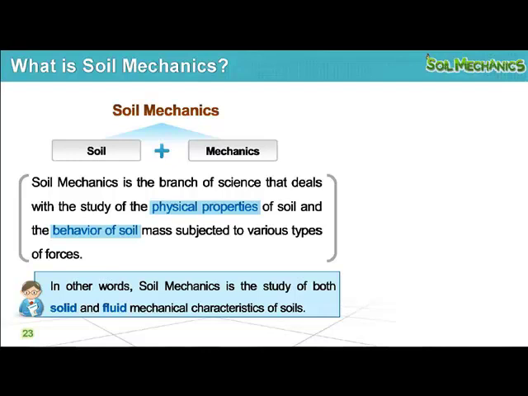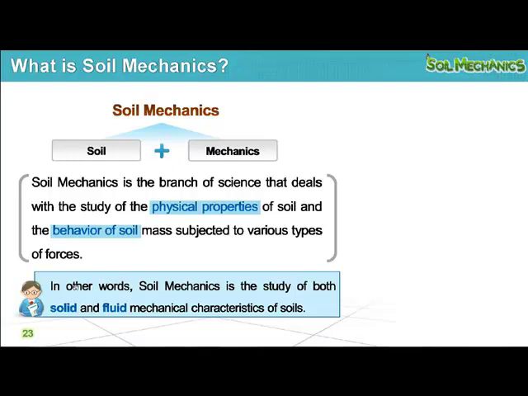It comes from the words soil and mechanics. Soil mechanics is the branch of science that deals with the study of physical properties of soil, like grain size, and the behavior of soil mass subjected to various types of force.